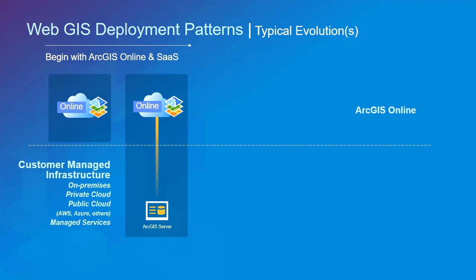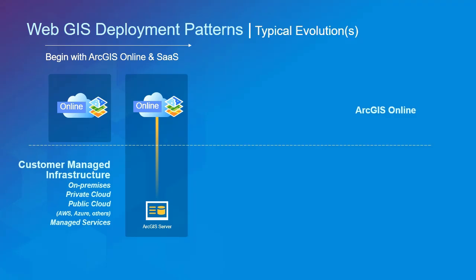The next one over here is what we, a couple of years ago, often referred to as the hybrid pattern, as though that was the only hybrid pattern. It is absolutely still a viable option. It's still what I would call part of the hybrid patterns. This is where you have your classic standalone ArcGIS Server and you simply front it with ArcGIS Online.